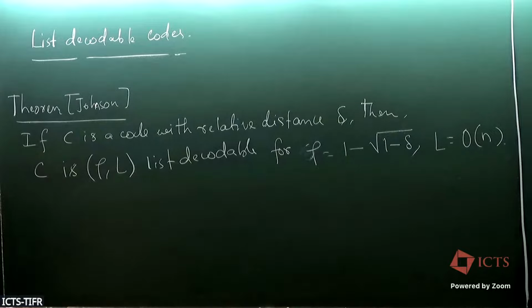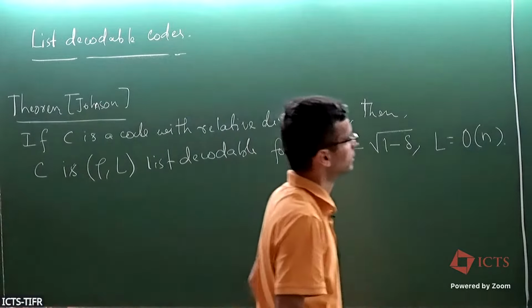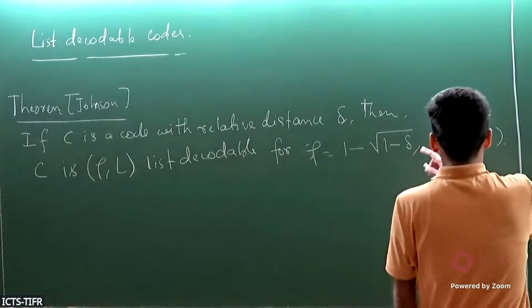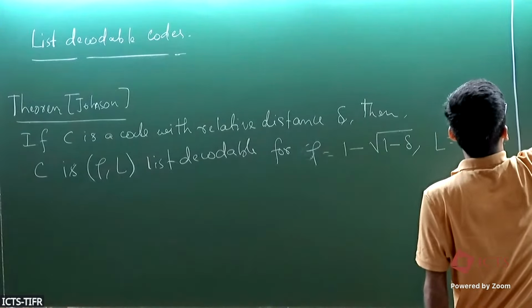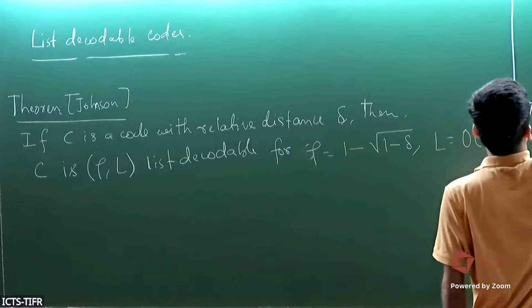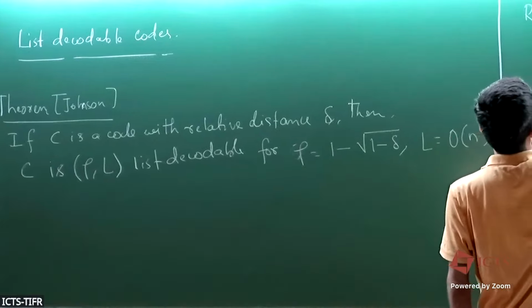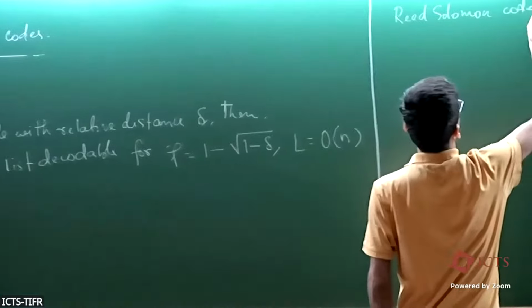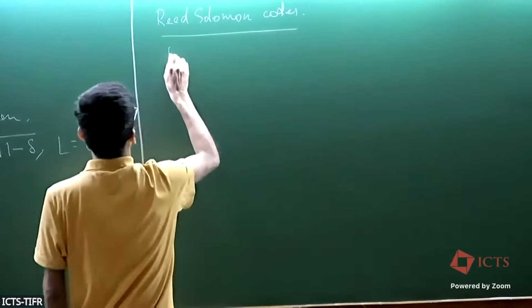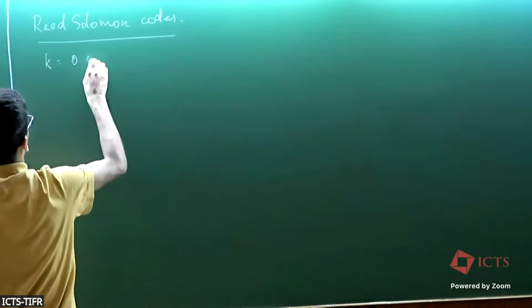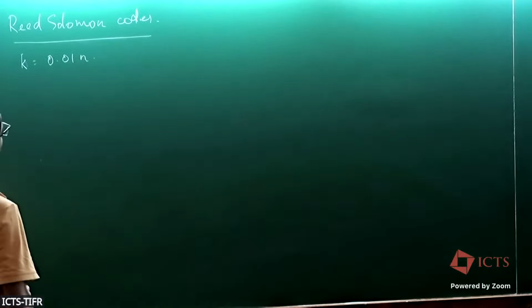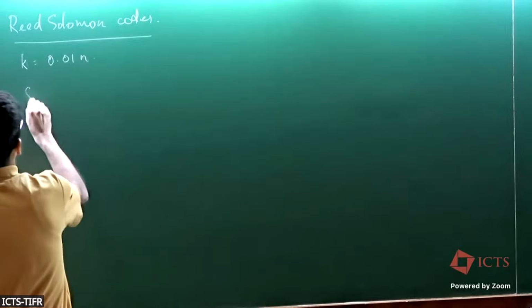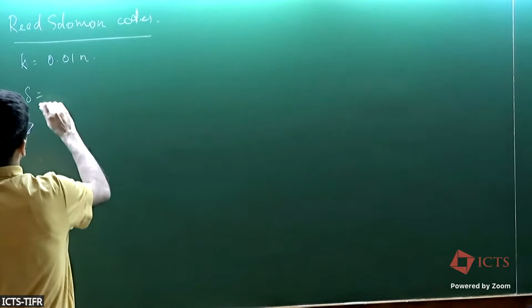Okay, so let's just get a sense of parameters. Suppose we are working with Reed-Solomon codes, and the parameter k is, let's say, 0.01 times n. So delta in this case is, what's delta?